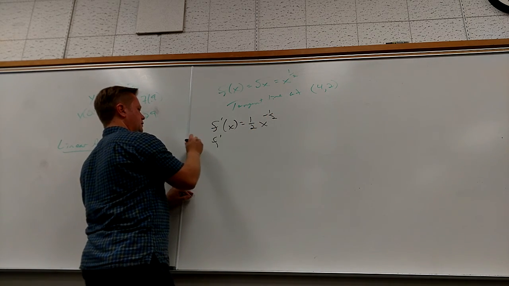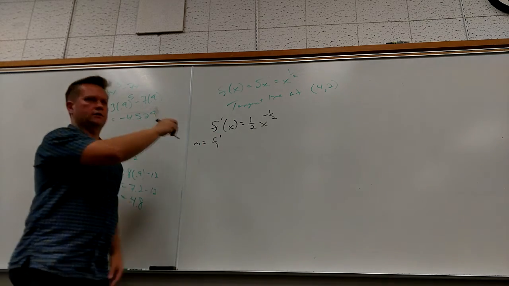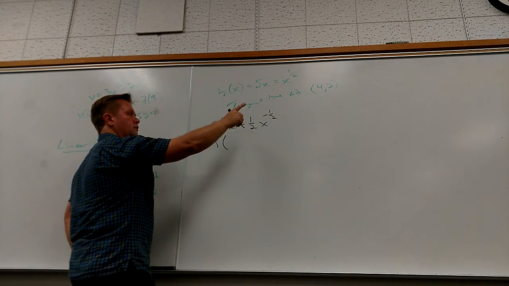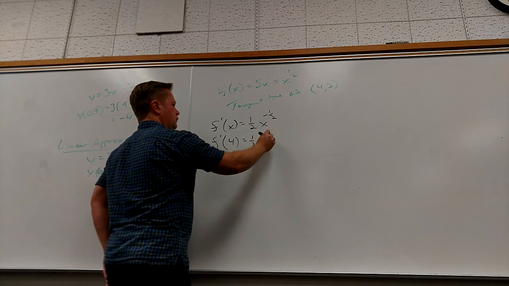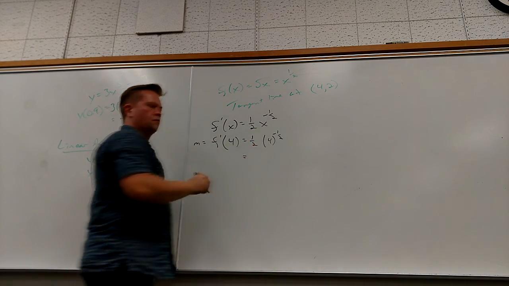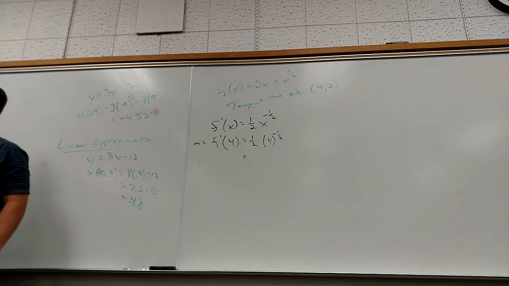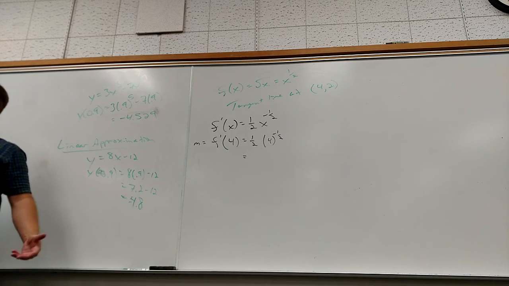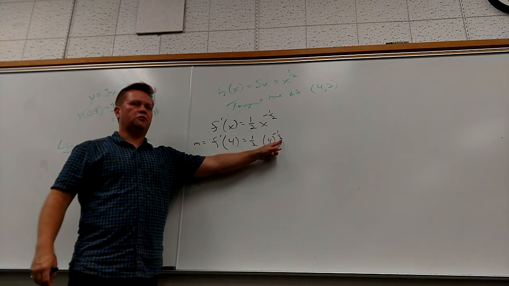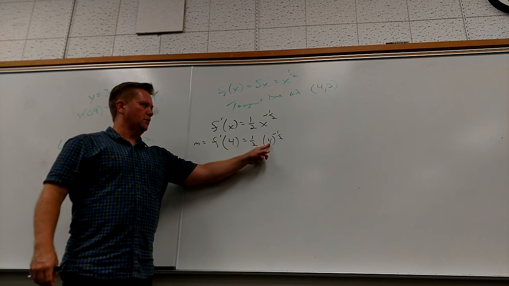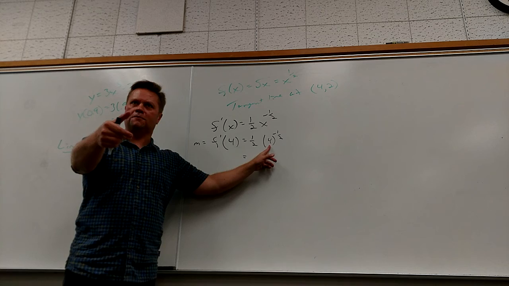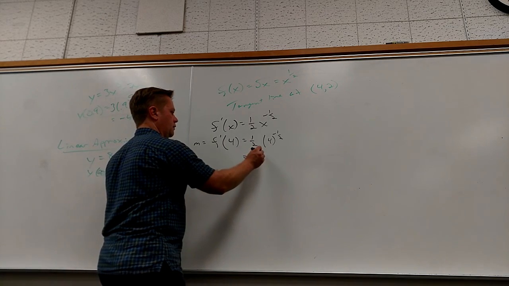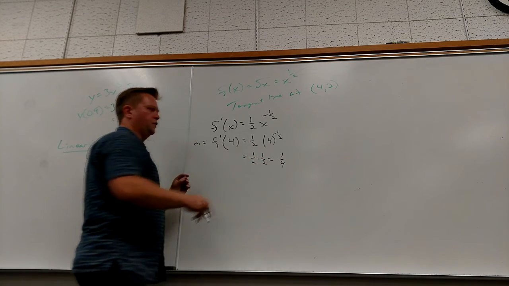The slope of my tangent line is going to be f prime at 4, so it'd be 1/2 times 4 to the negative 1/2. I love roots for this kind of thing because if you build around 4 or 9 or something, the slope is going to be easy, because it's still going to be a square root on the bottom. So what's 4 to the negative 1/2? That's the square root of 4 on the bottom, so that's 1/2. So I get 1/4.